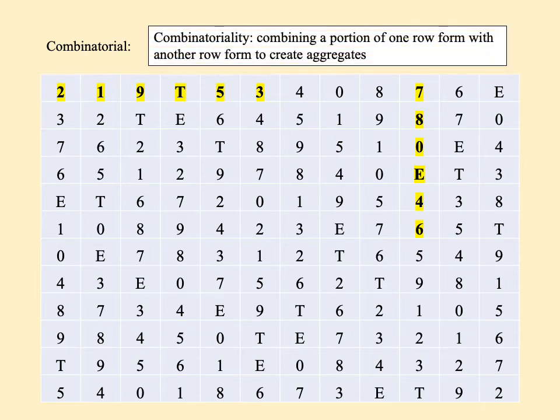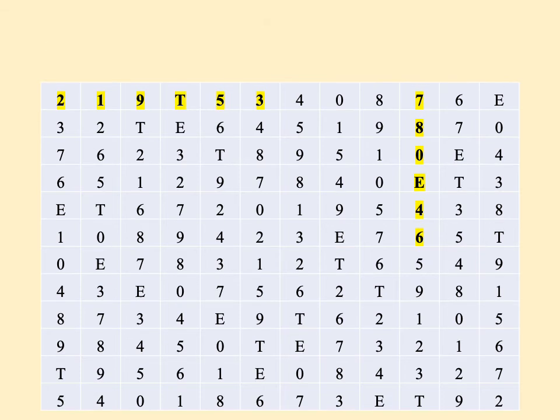And combinatoriality is simply this. It's combining a portion of one row with portions of another row or other rows to create complete groups of all 12 pitches, to create aggregates. And there are different types of combinatoriality going on in the world.